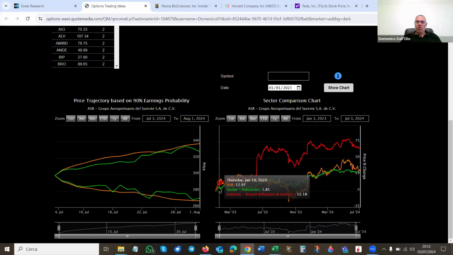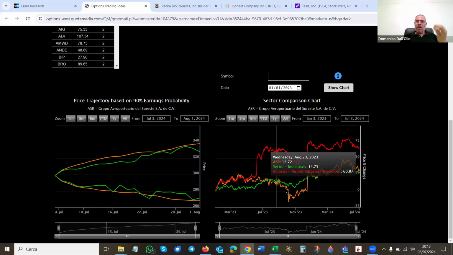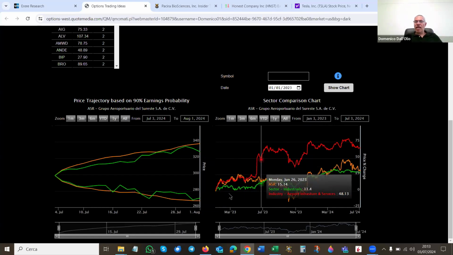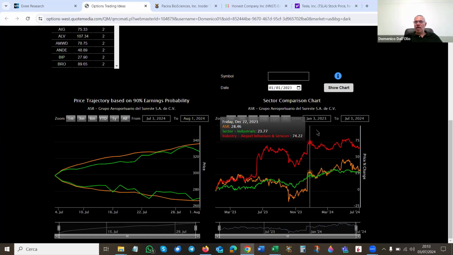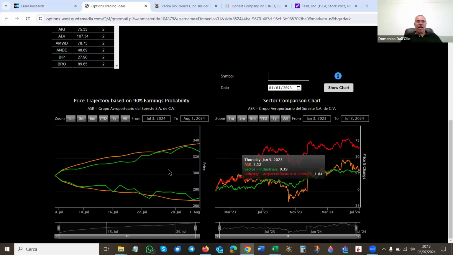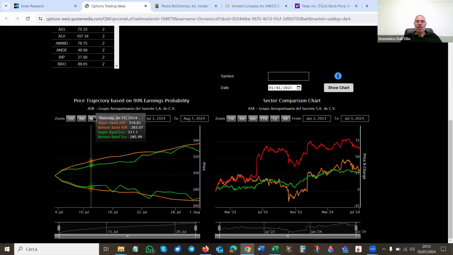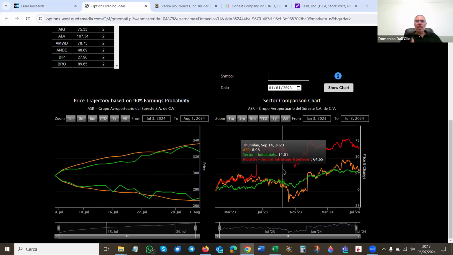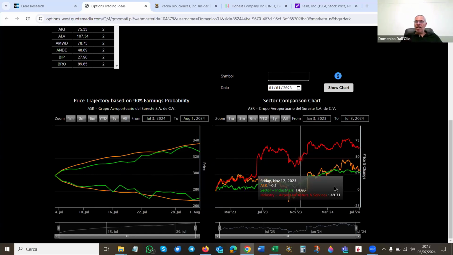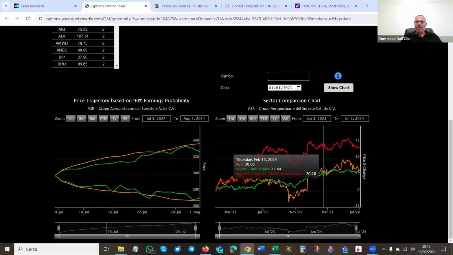If you want to make the comparison chart start from a different date, you can customize the starting date here. And you could also decide, I want to compare ASR with another company belonging to the same sector or industry. You just type the symbol here, you press return, and then you will have the other chart shown on the same graph.